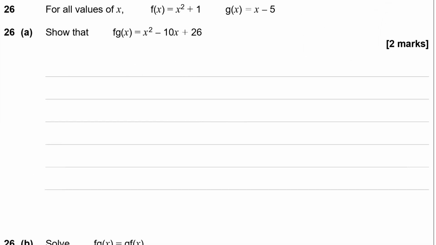Okay, in question 26, I've been given two functions of x. f of x equals x squared plus 1 and g of x equals x minus 5. I need to show that f of g of x is that expression there. Now, f of g of x means take g of x and put it inside f of x, which basically means wherever I see x in my f of x expression, like here, I need to replace it with that expression.